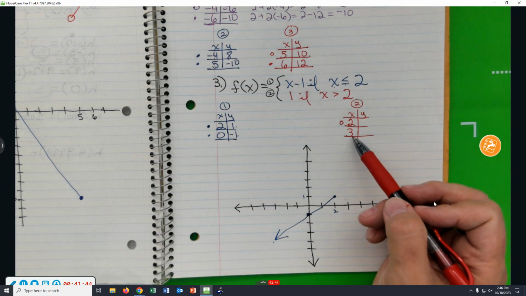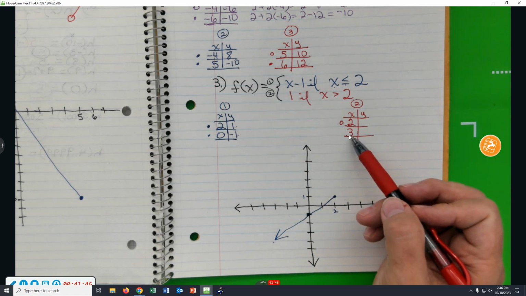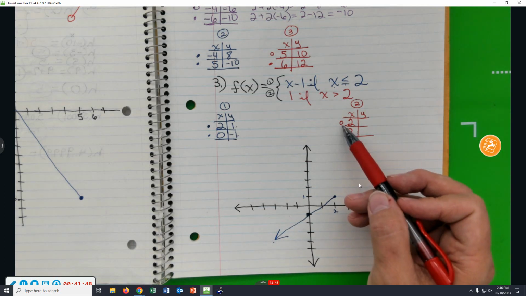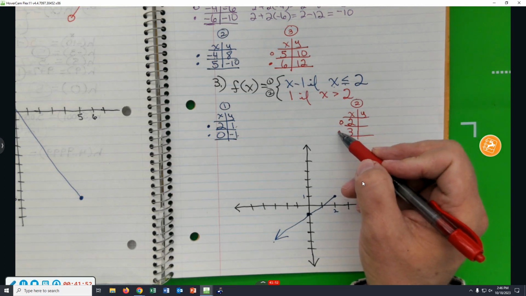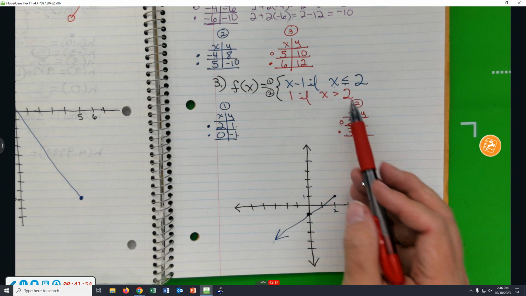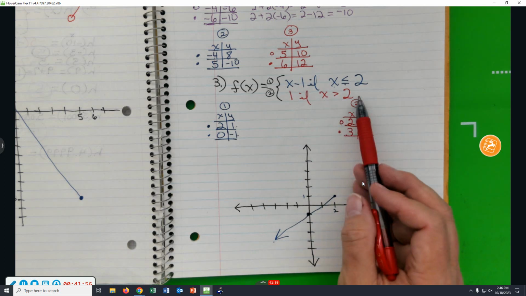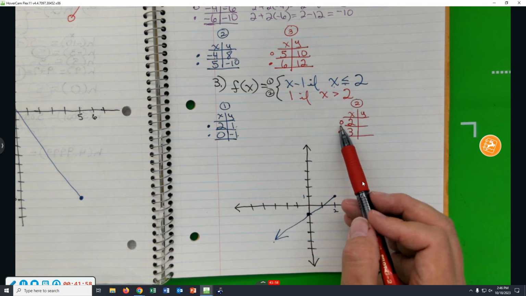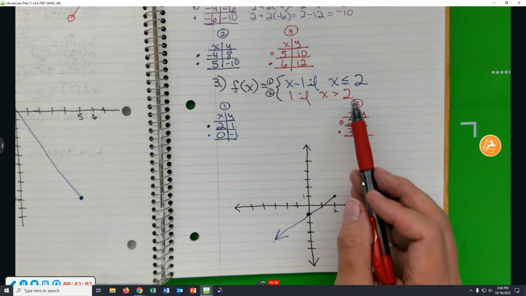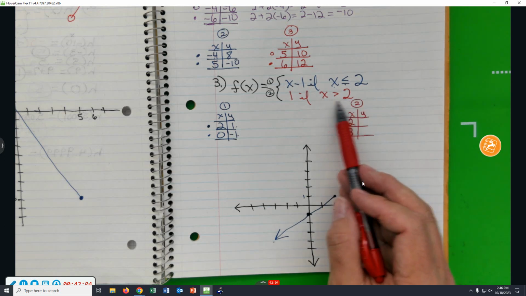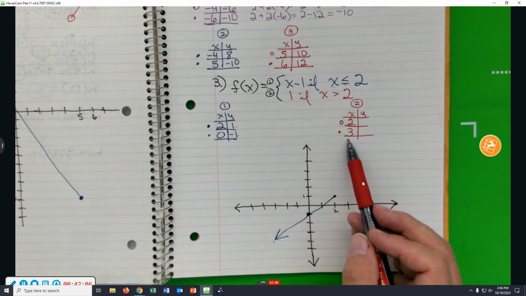Is this secondary point that I'm making up myself going to be an open circle also? Any number you're choosing on your own must satisfy the inequality. We're using an open circle here because 2 isn't greater than 2. It's equal. 2 doesn't satisfy that condition, but 3 does.